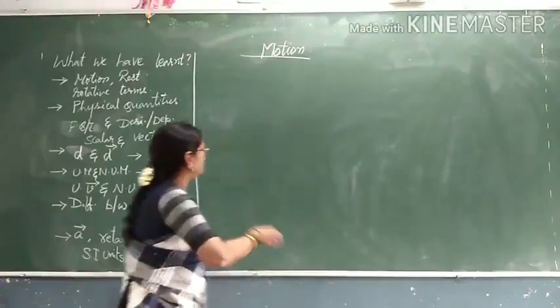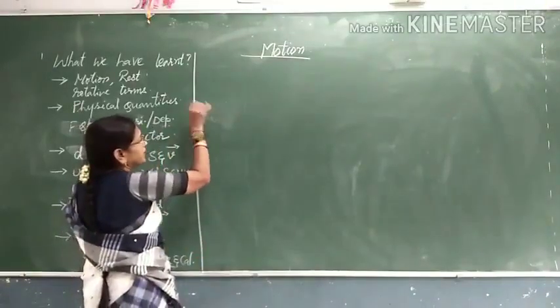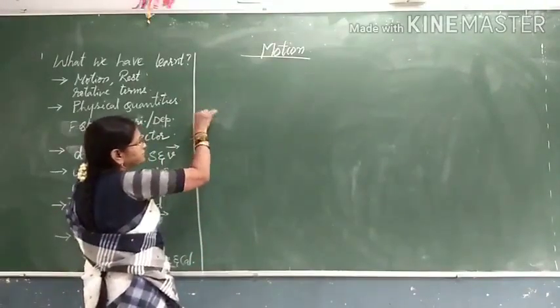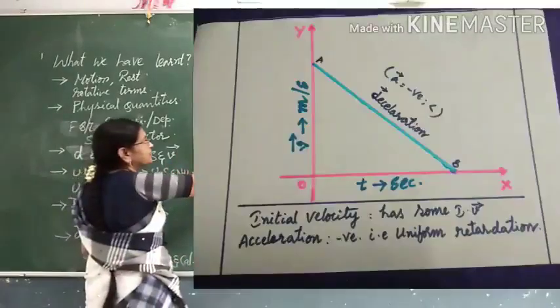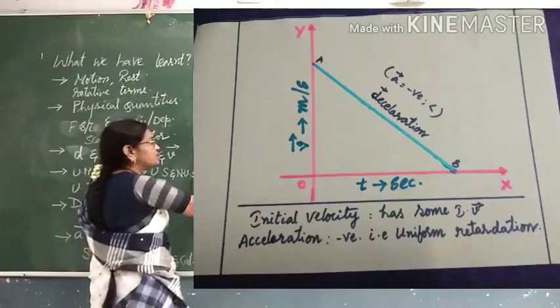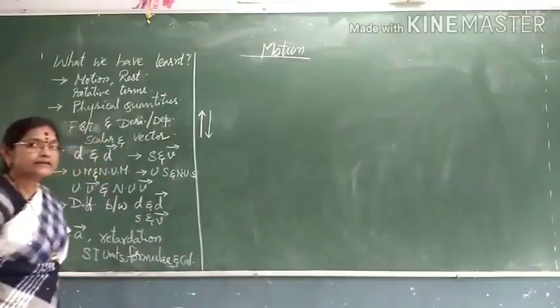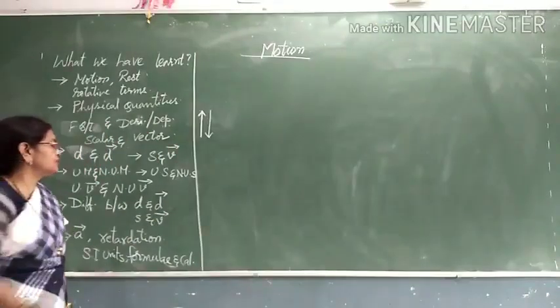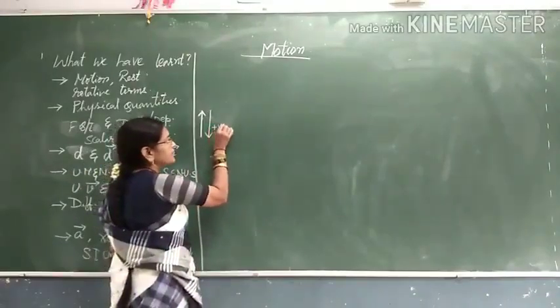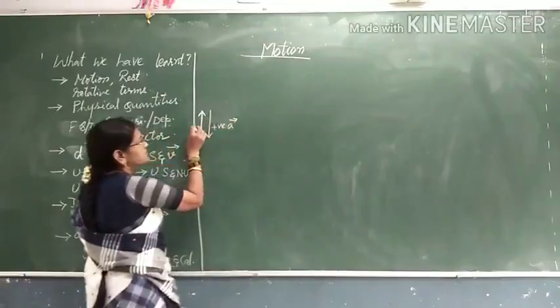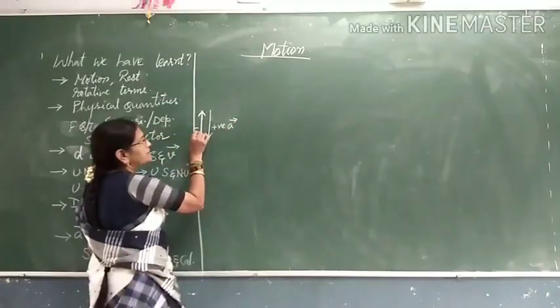When it is going in the upward direction, it is against gravity, so the velocity goes on decreasing. When the body is falling freely towards the earth, then its velocity is increasing. This is positive acceleration. This is negative acceleration.